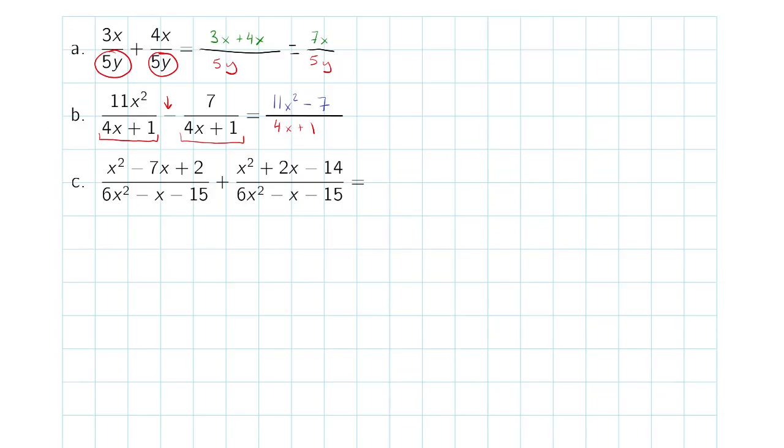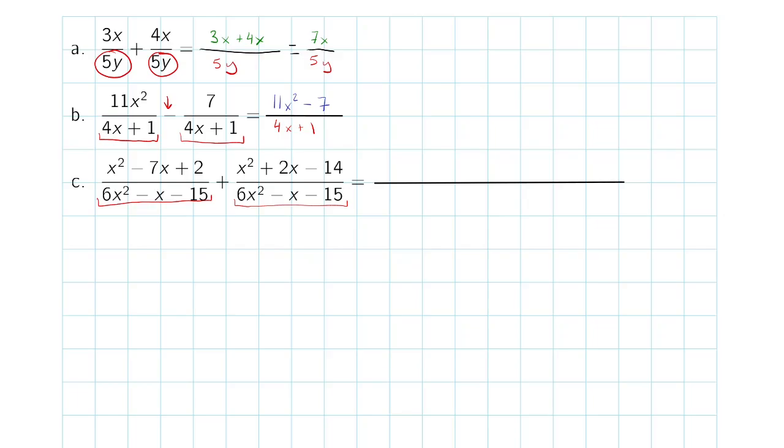This next example, I've got a ton of space, which suggests we're probably going to be able to do some simplifying. So again, we see the same denominator in each of these two fractions. So we can add just by adding the numerators.